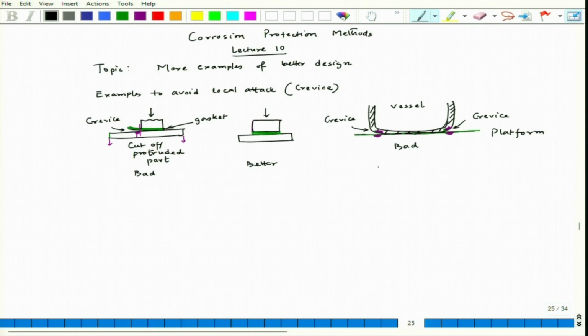For the design modification, you have a tank, and instead of having a flat platform and then creating crevice, we can make it like this. This is the platform on top of which the vessel is kept.